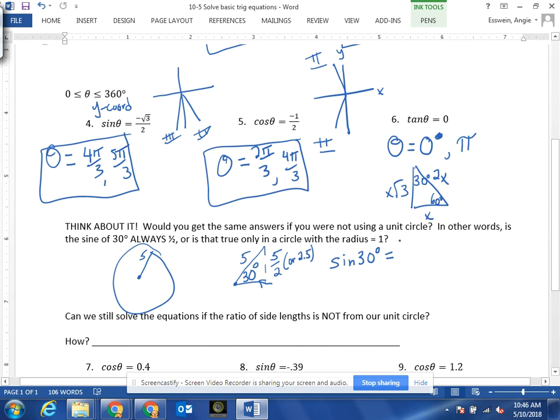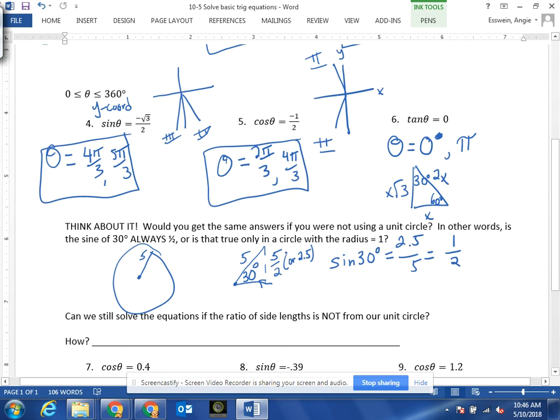So you get 2.5 over 5, which is one half, right? So the ratio of the sides is still a half.